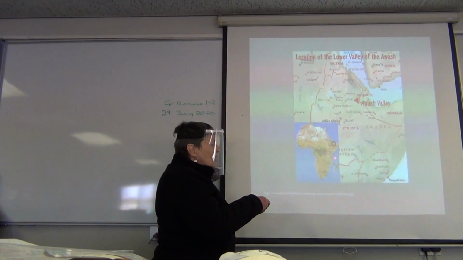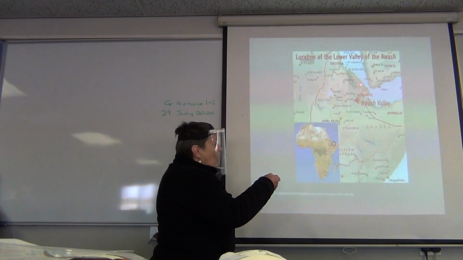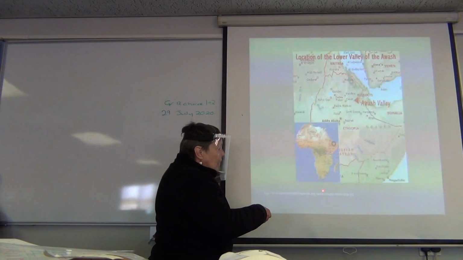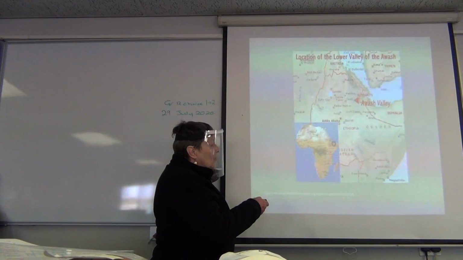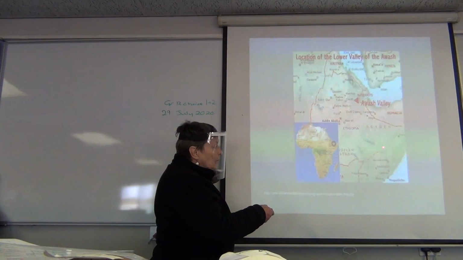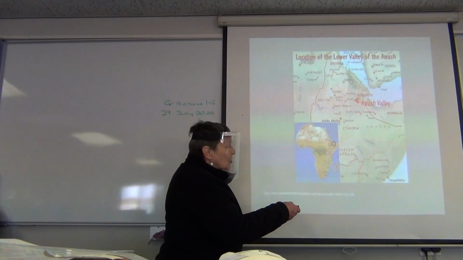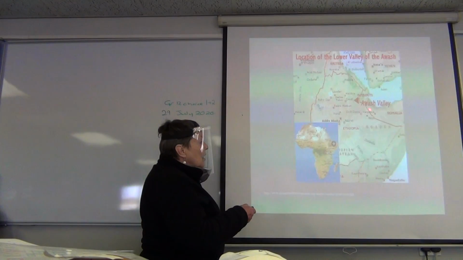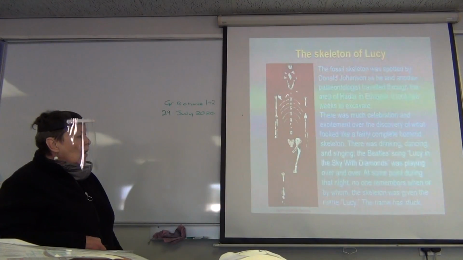So you're going to see that as I go through example after example, they are all found in a line going down here, because that was where this part of Africa is actually moving away from the rest of Africa. It's drifting off in that direction. And so excellent conditions for the formation of fossils.